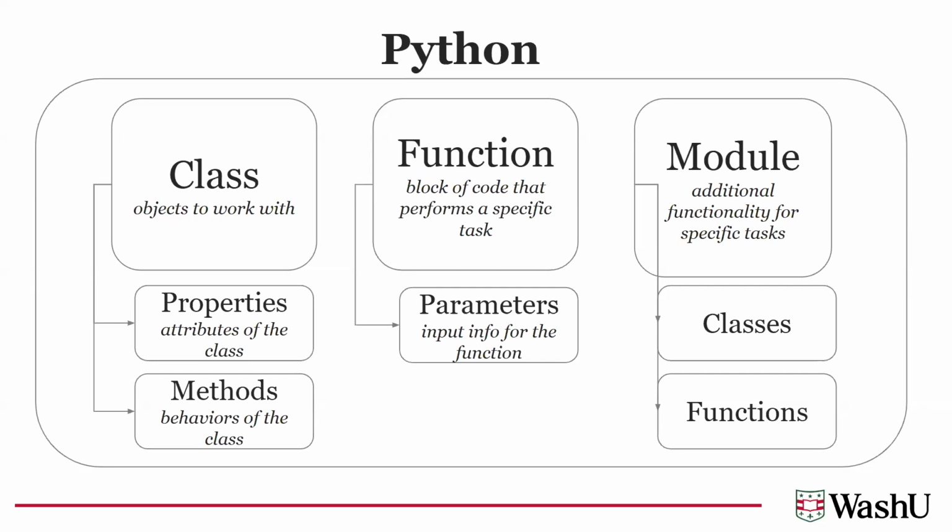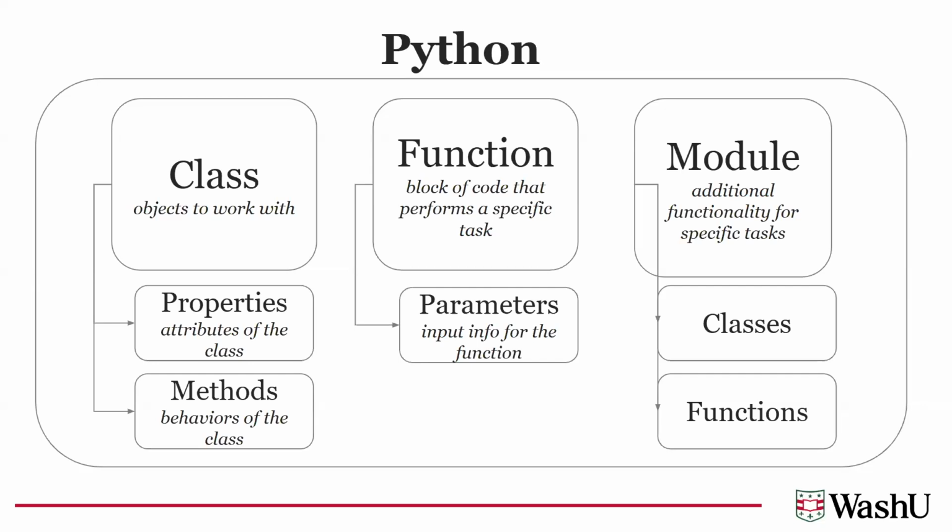So within classes, each class has properties, which is information about the class, and then methods, which are the behaviors of the class. So methods are basically like the functions associated with classes. Functions, specific to them, they have parameters. So those are the pieces of information that you pass into the function that make your function do specific work to your specific data.